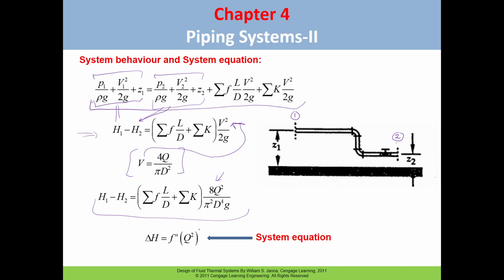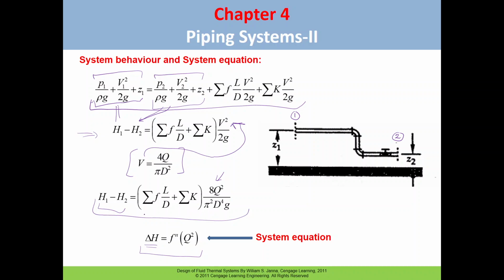The flow variable here is the flow rate Q, and this H1 minus H2, which is delta H, is a function of flow rate squared. So this is a kind of parabolic equation, and we call it the system equation. When we plot this system equation, we call it a system curve.